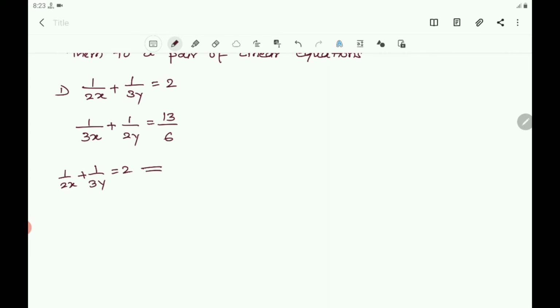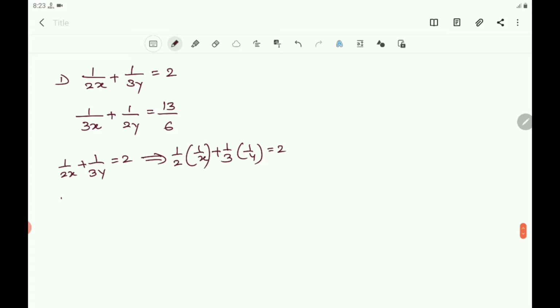This can be written as 1/2 into 1/x plus 1/3 into 1/y equals 2. The second one is 1/(3x) + 1/(2y) = 13/6.